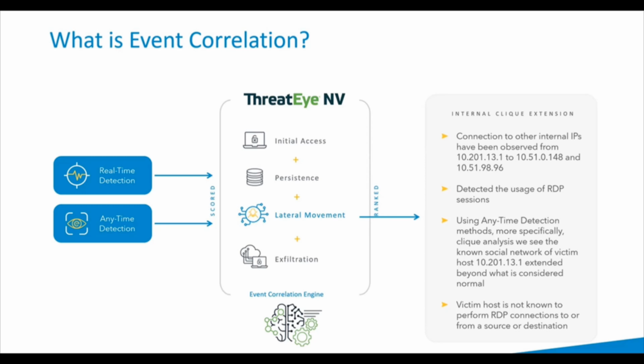And most notably, we noticed that an RDP session was spun up, either making attempts to these different nodes or establishing a connection. One thing to note is, in this particular case, we did not observe RDP being used before for these particular relationships. So this is also something new.